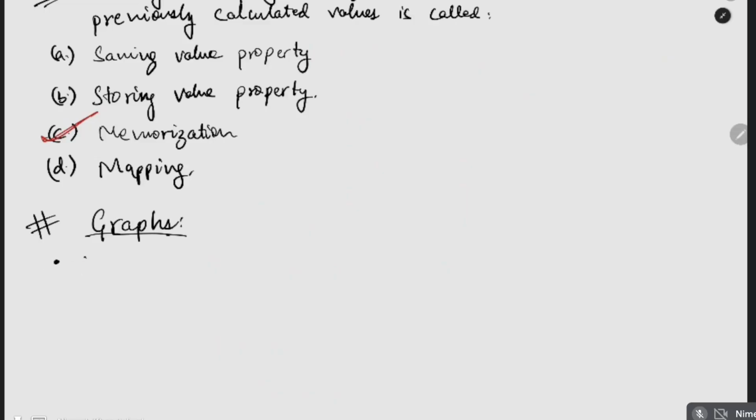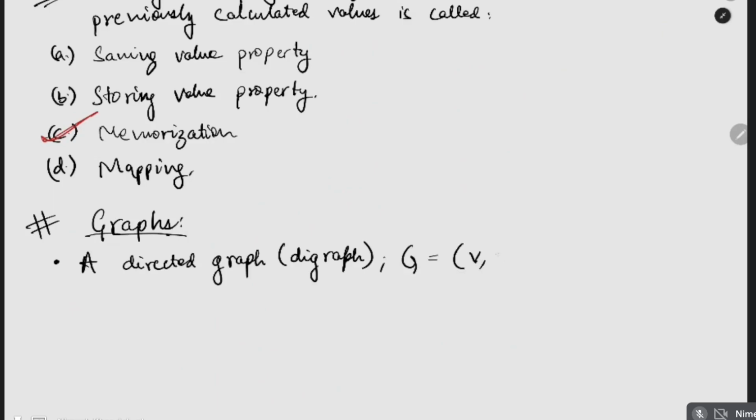So there are two types of graphs, of course, like directed and undirected. A directed graph, that is also called a digraph, just a directed graph, is defined as a set of vertices and edges, and it is an ordered pair.